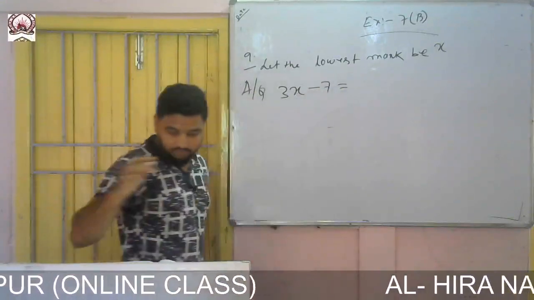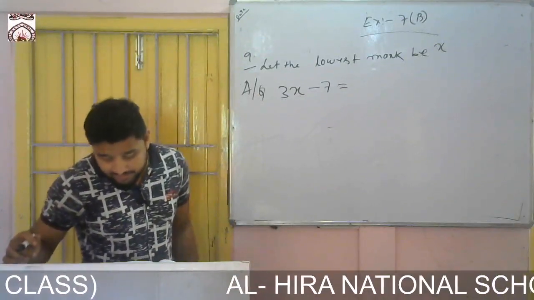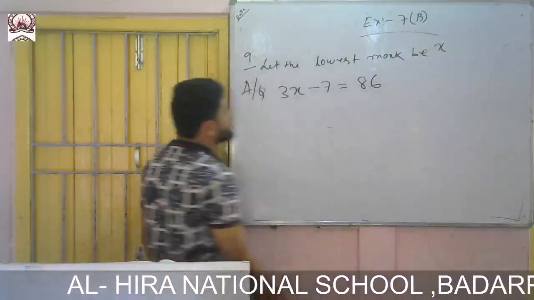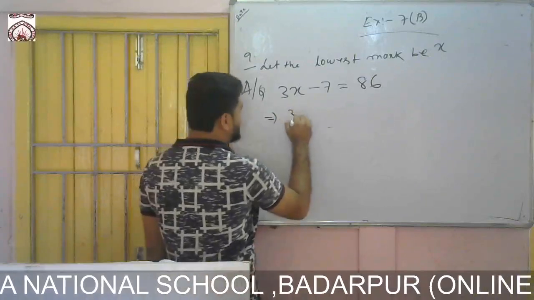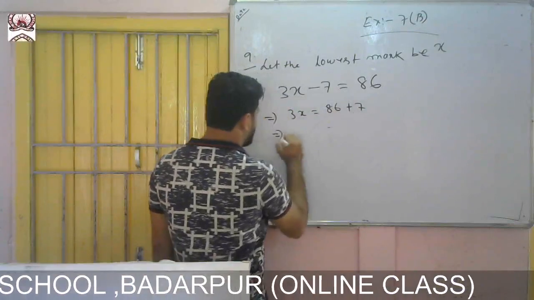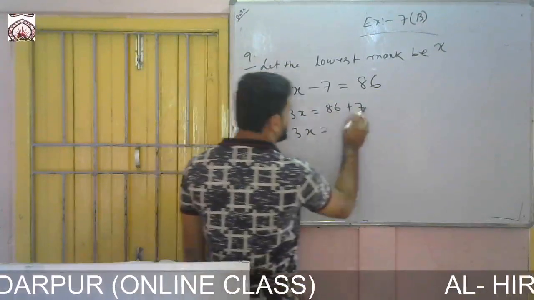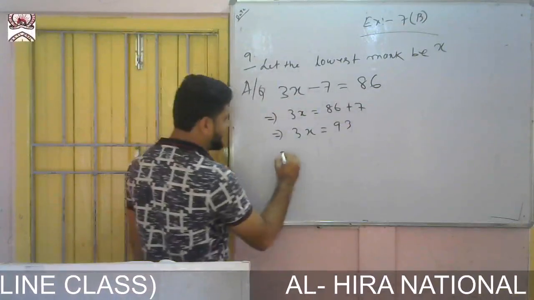And if the highest mark is 86, from that we can find X. So thrice X equals 86 plus 7. Thrice X equals 93.